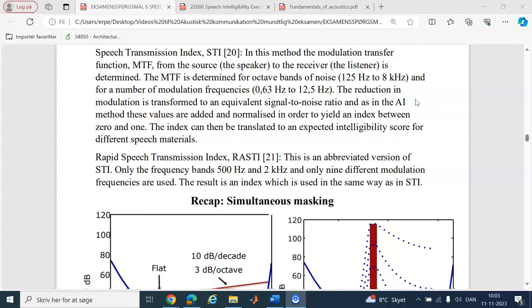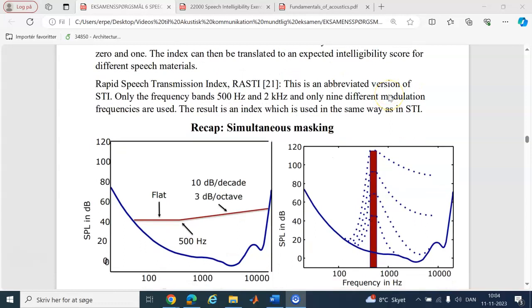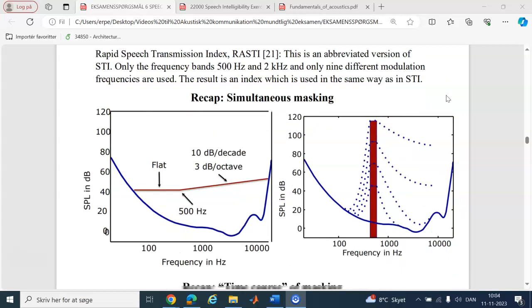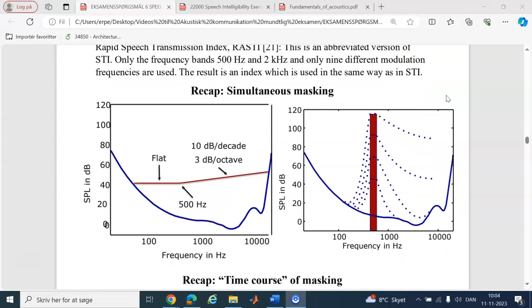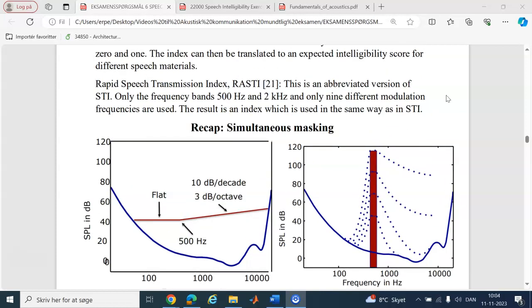Only the frequency bands 500 and 2000 Hz and only 9 different modulation frequencies are used. The result is an index which is used in the same way as STI.